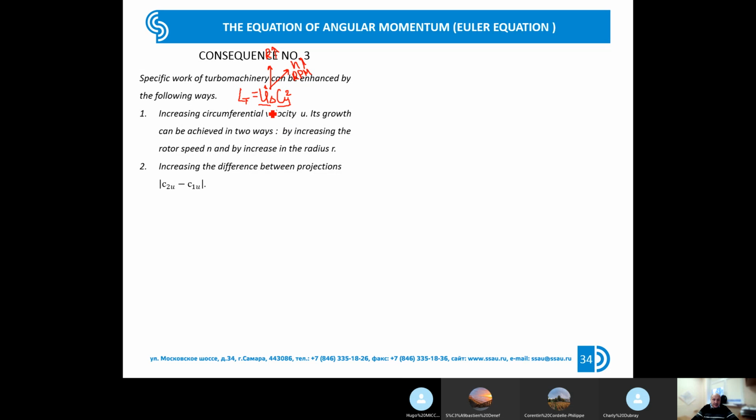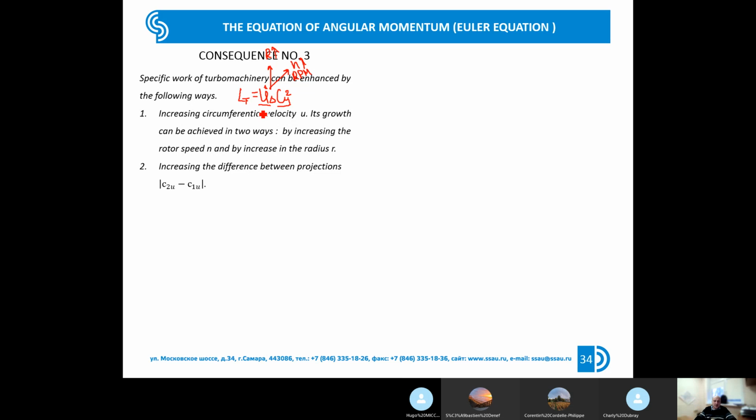So let's discuss the influence of the circumferential velocity on the working process of the turbomachinery stage. I have one very interesting example which could illustrate the influence of rotational speed or radius on the working process of the turbomachinery. For me it's much more interesting for different reasons.